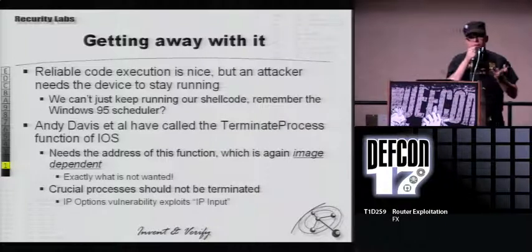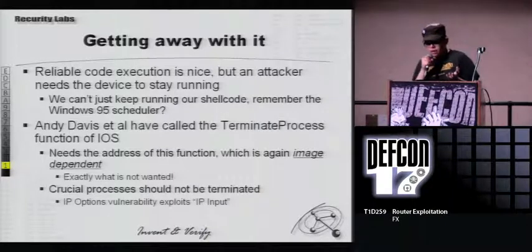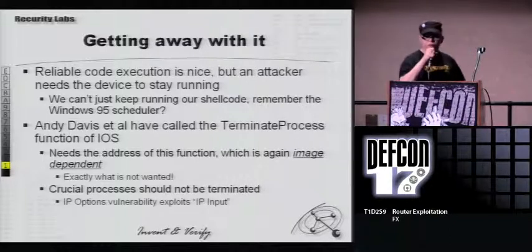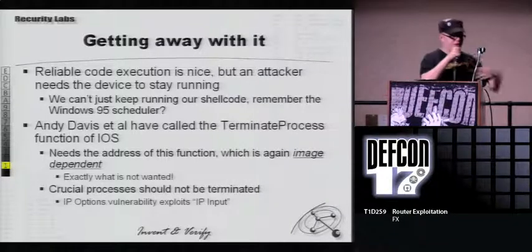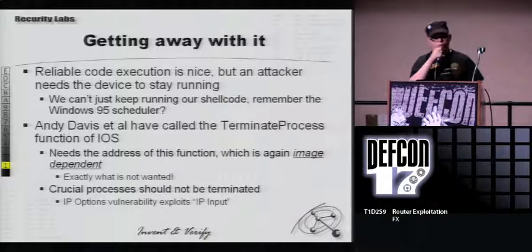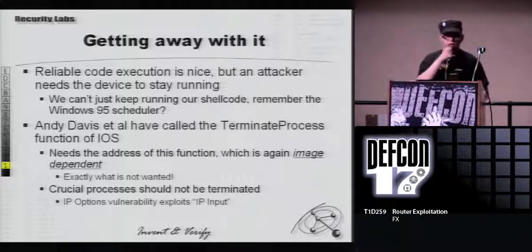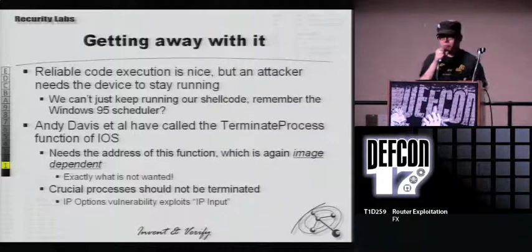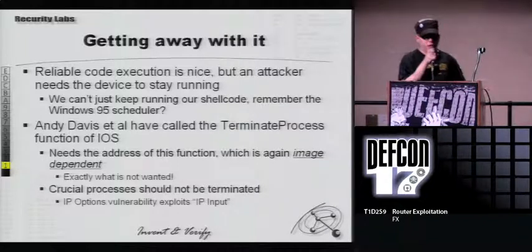So the thing is, because we have this messed up scheduler, we need to be really careful how we get away with the exploit. If we just run our code, it's really bad, because then the Windows 95 style scheduler is going to die and then the watchdog is going to kill us. Other people have used terminate process as a method of getting away with it, like they terminated the iOS process.